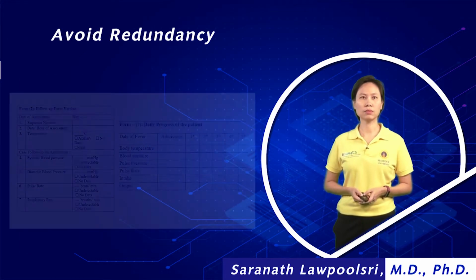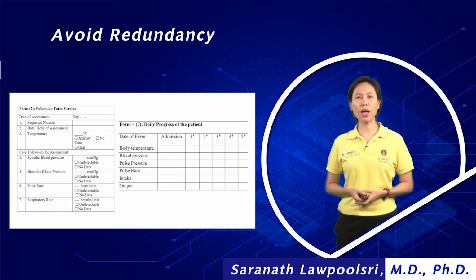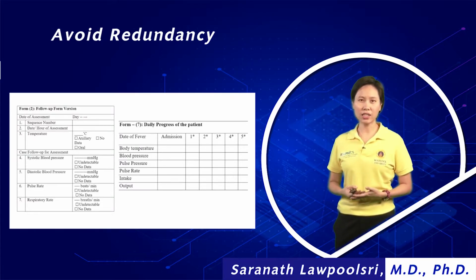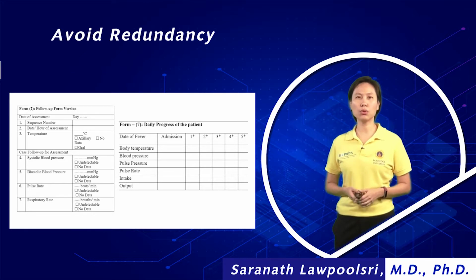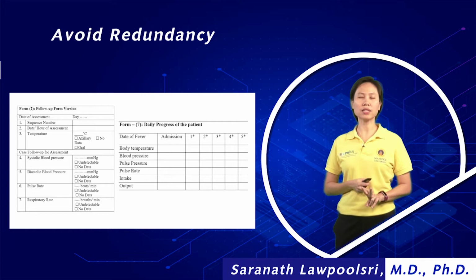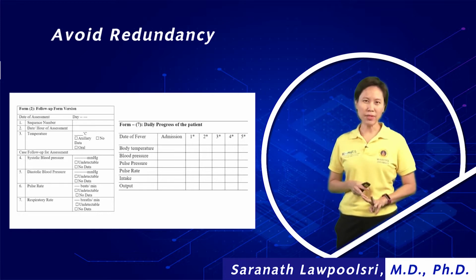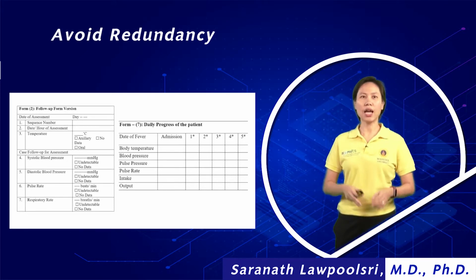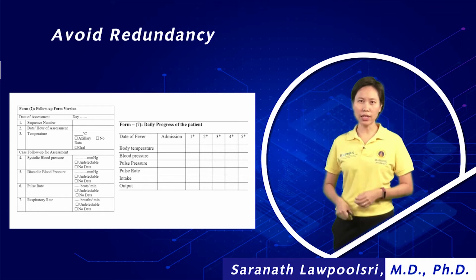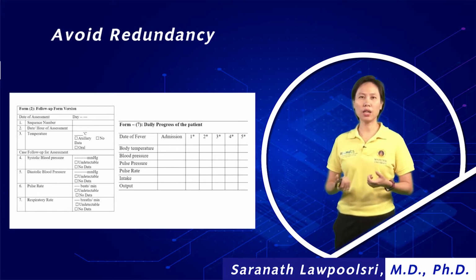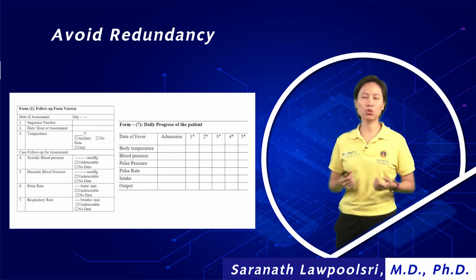CRF design. And again, when you have redundancy, it will be very difficult for data integrity. For example, in this example, you have 2 pages of CRF that sometimes collect the same data. At admission, you have the first CRF on admission, and also the follow-up, you also have the data on admission. So it's kind of repeated information in these 2 pages.